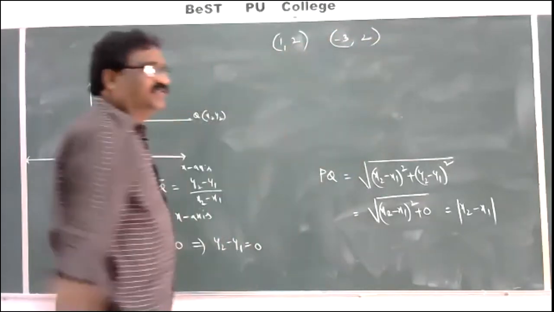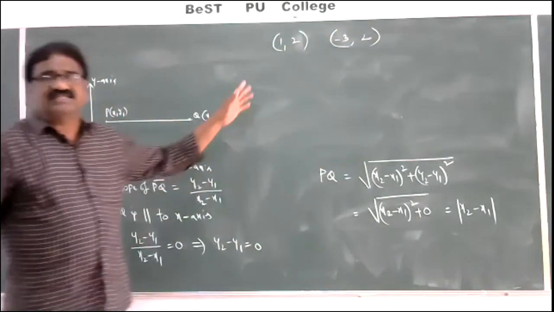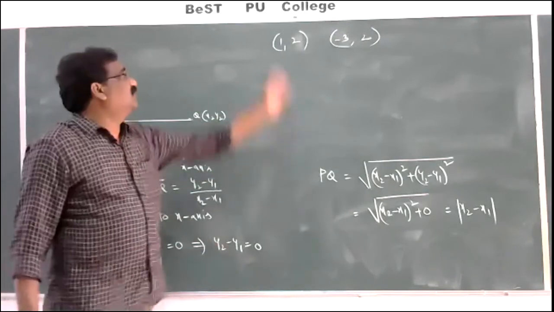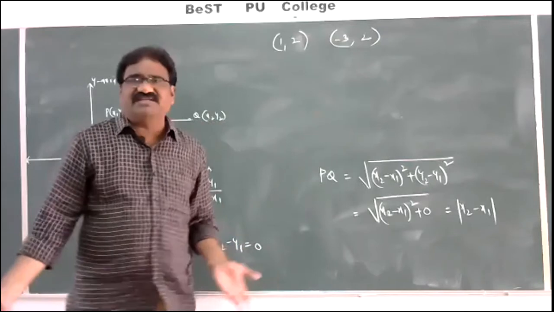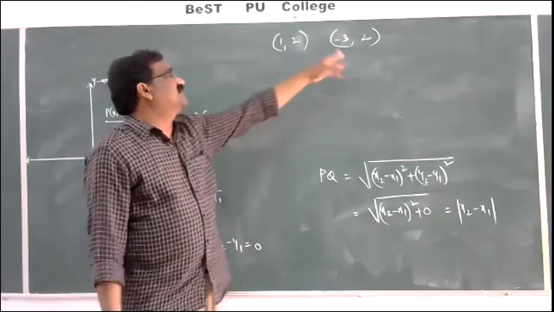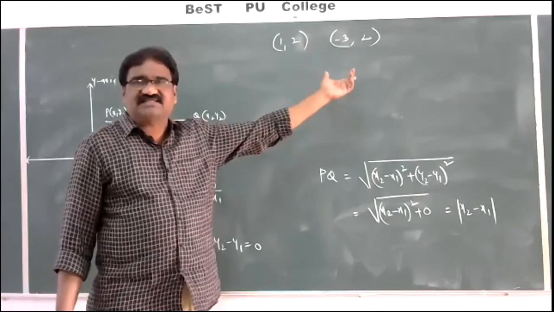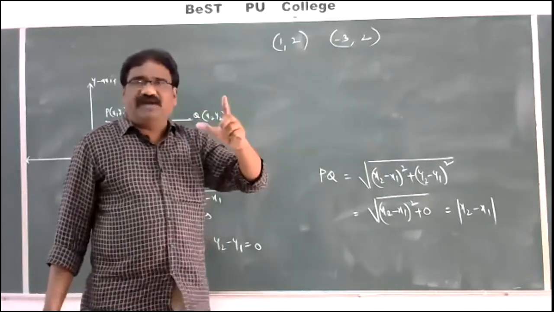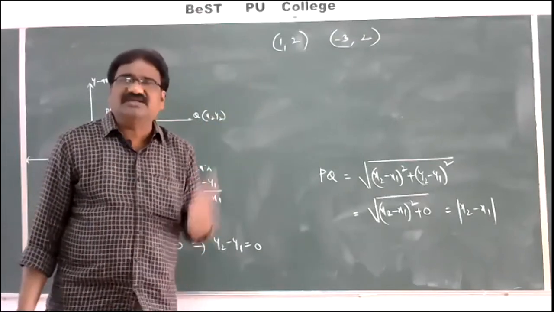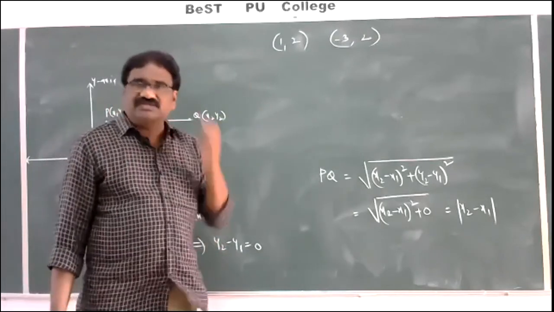What is the distance between the 2 points? Don't go for the formula. Here observe, y coordinates are equal, so the difference of the x coordinates gives the distance between the 2 points. Y coordinates equal means it is parallel to x-axis. If the x coordinates of both points are equal, it is parallel to y-axis. Using the basics, you can use the brain.